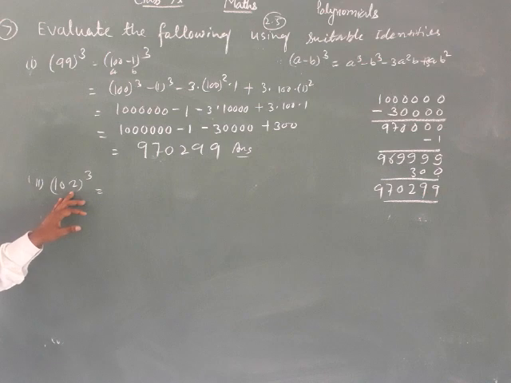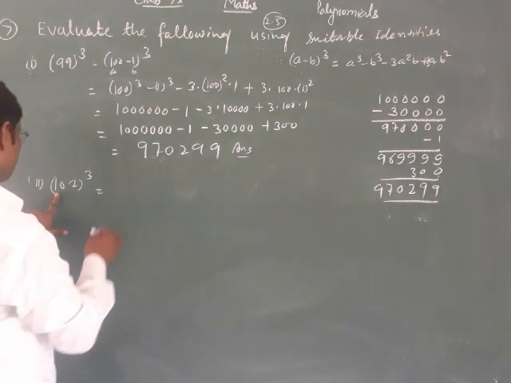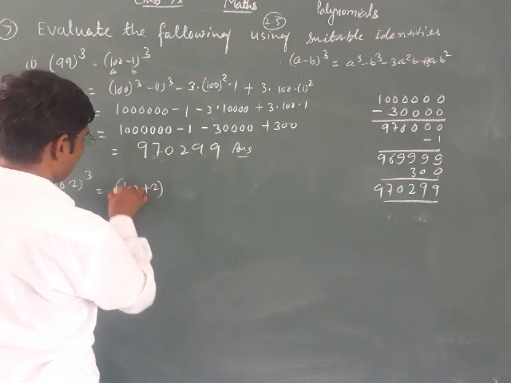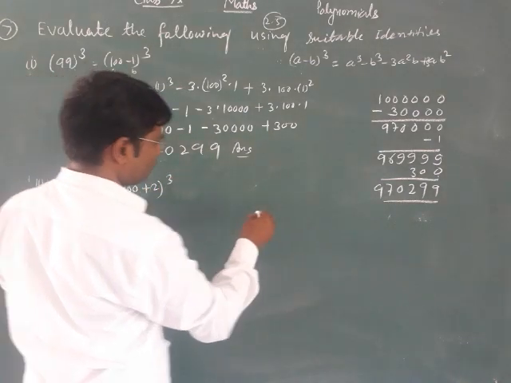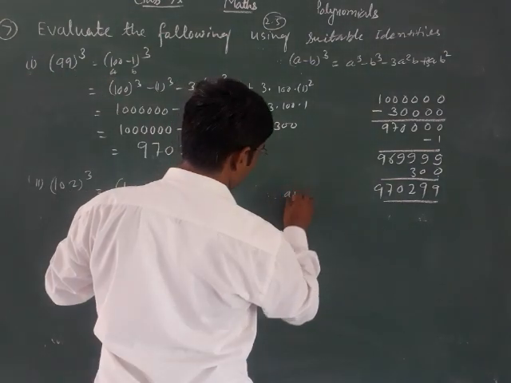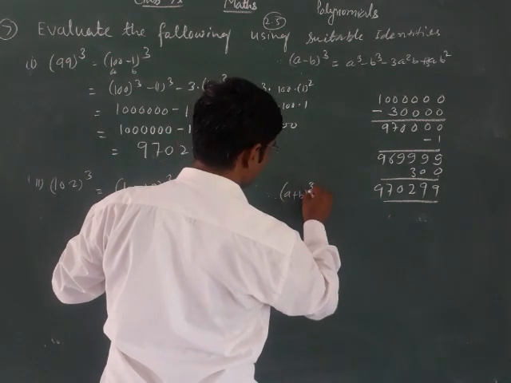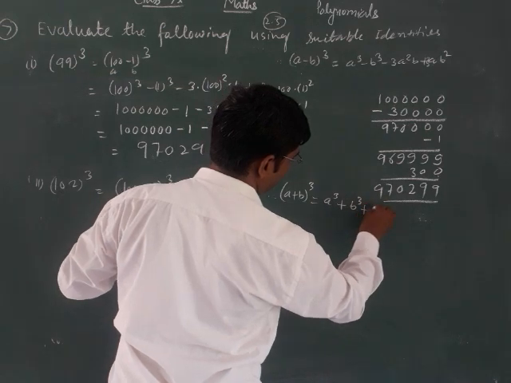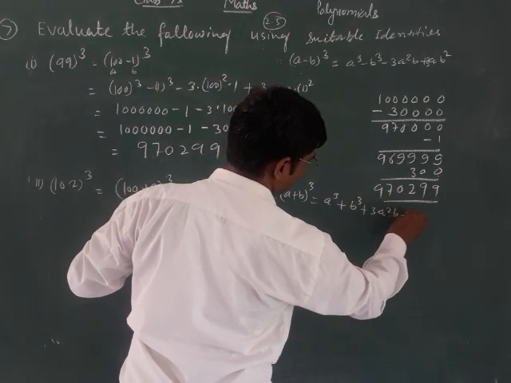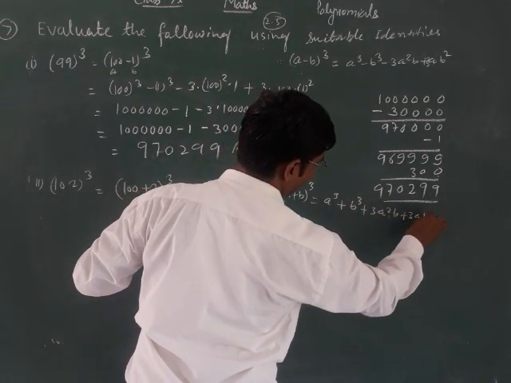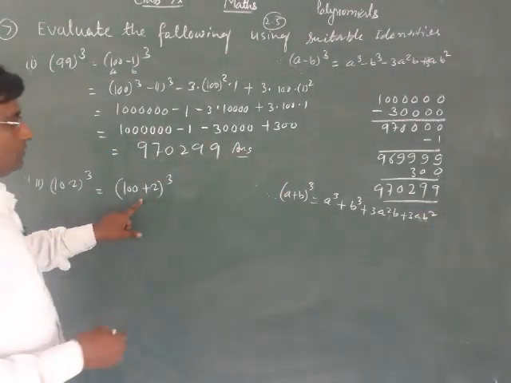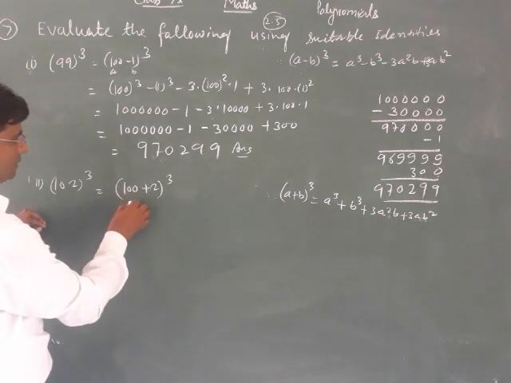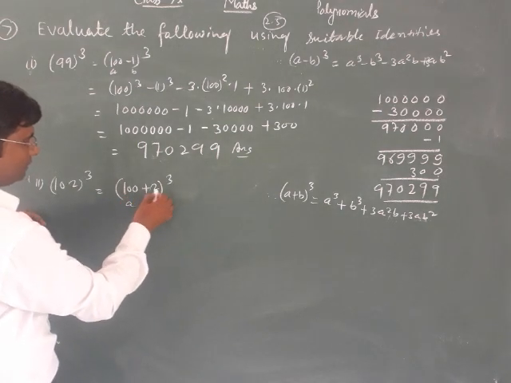Also 102 whole cube. Change it into the simplest form: (100 plus 2) whole cube. So use the identity (a plus b) whole cube is equal to a cube plus b cube plus 3a square b plus 3ab square. Now use this identity here. This is a and this is b.